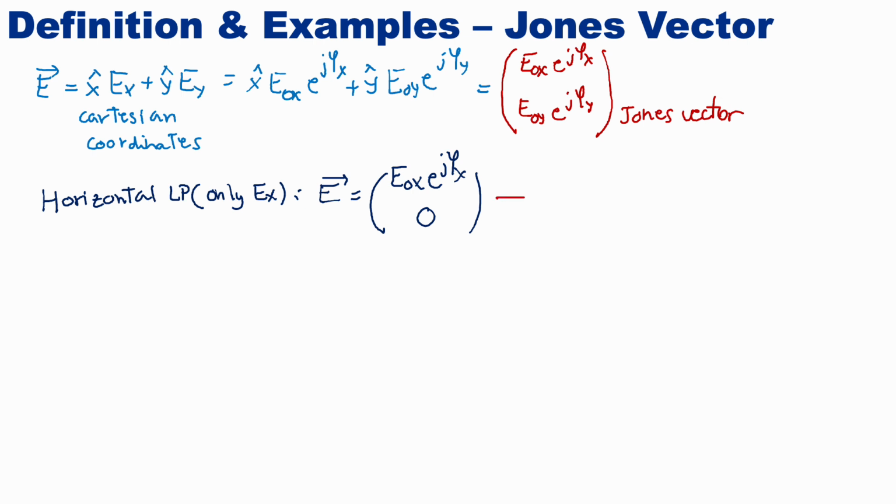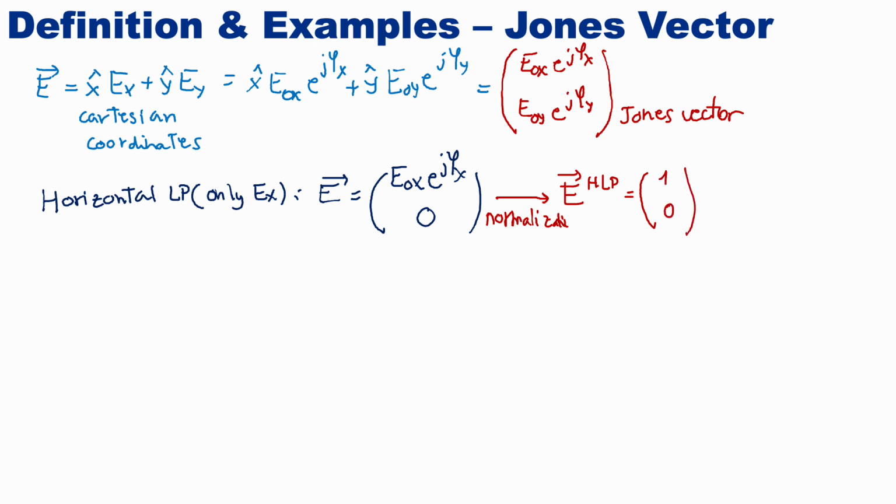And now when we normalize it, the horizontal linear polarized state is going to be 1, 0.